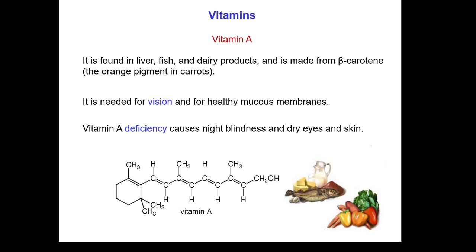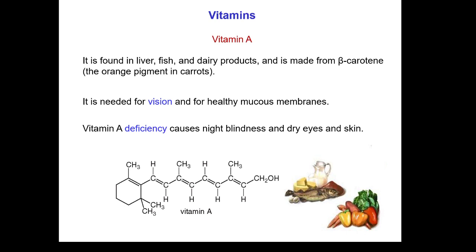Beta-carotene, so you're looking for things that are rich in orange pigments. Now, again, fish and dairy and liver are not, but your bell peppers are. So if you're low in vitamin A, you're looking for things that are rich in beta-carotene. What is it used for?